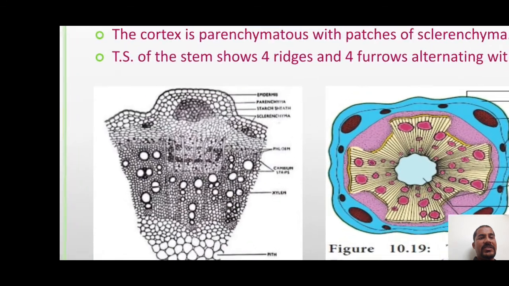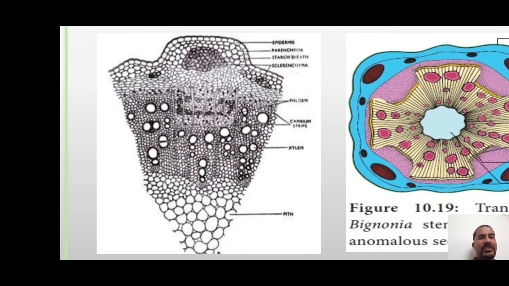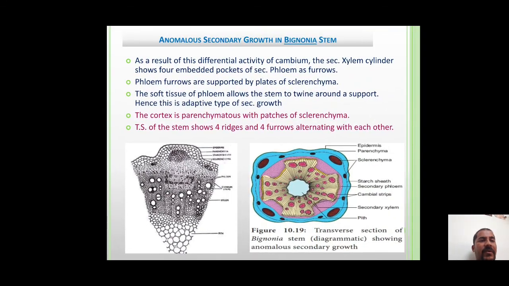In this second diagram, which is a magnified view, you can see the outermost epidermis, then the parenchyma, then the starch sheath, and the sclerenchyma patches are present in front of the secondary phloem, while the secondary phloem looks like the furrows in the secondary xylem, and the central pith is there.